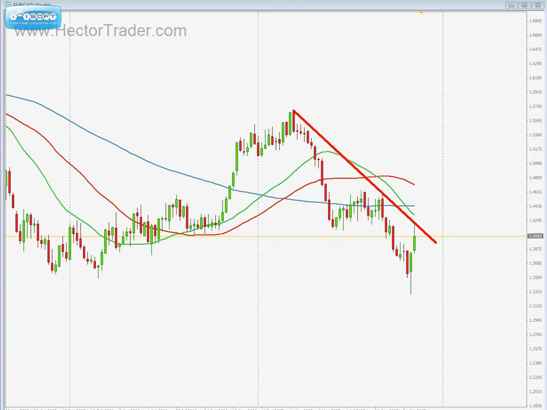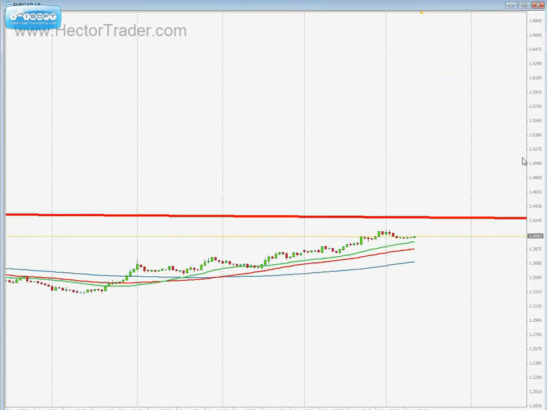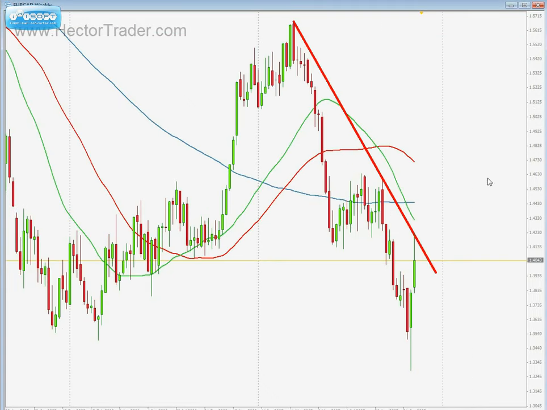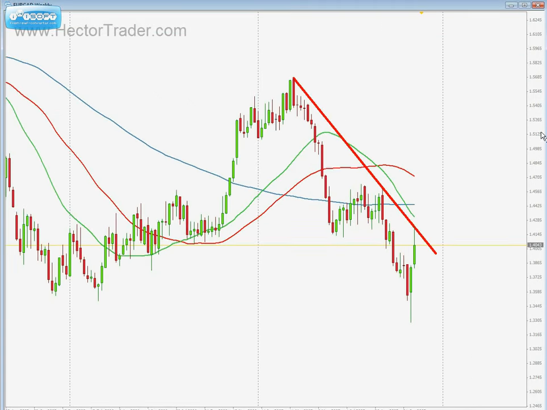We've just seen the hourly time frame of this currency pair, and now I'm going to show you, like I was saying, the weekly chart. I just wanted to make clear, guys, that we are looking into the same currency pair, just on different time frames.